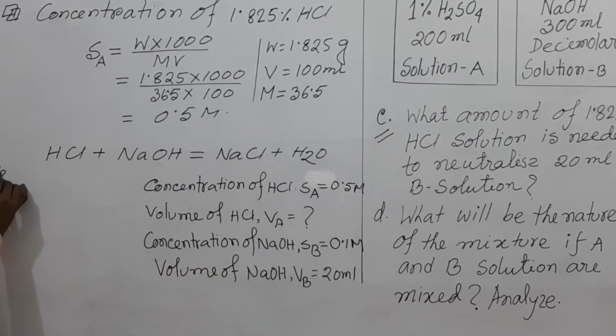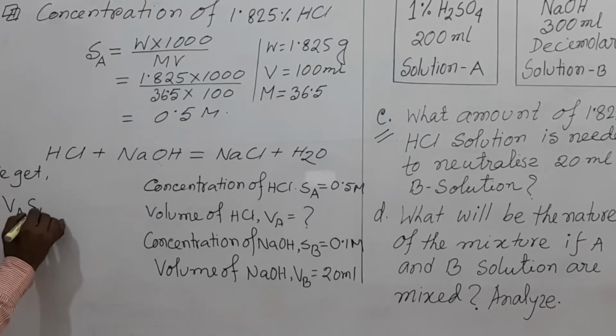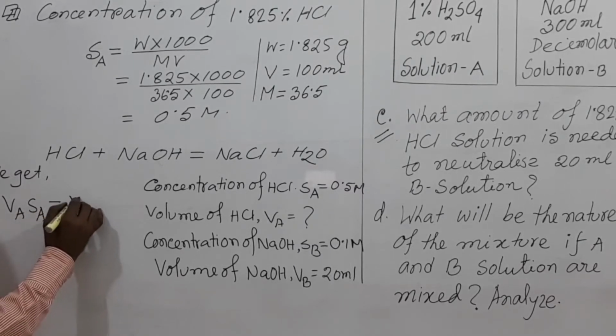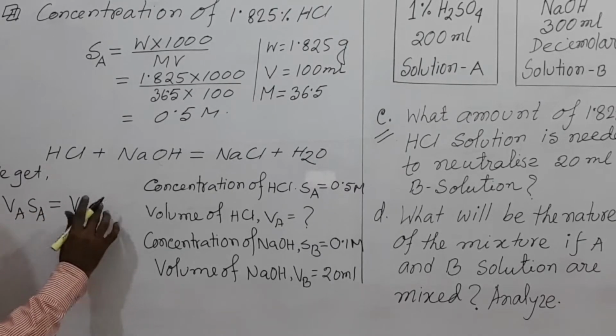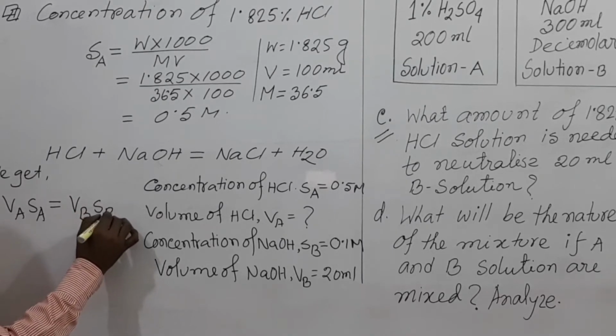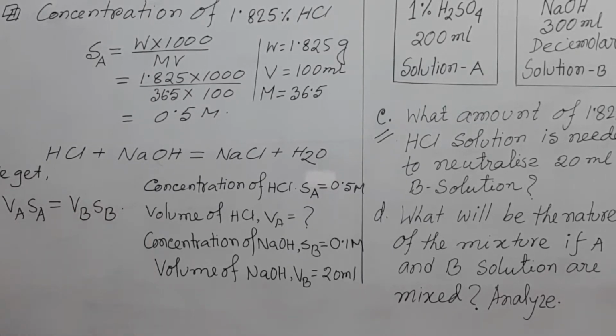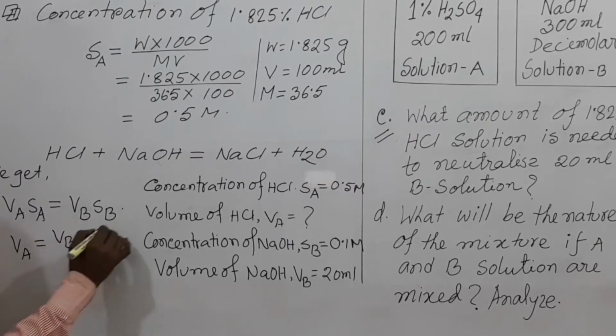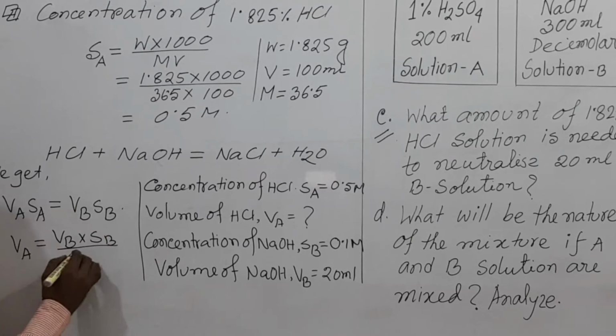Now we get, my dear students, VA SA equal to VB SB. So VA equal to VB into SB divided by SA.